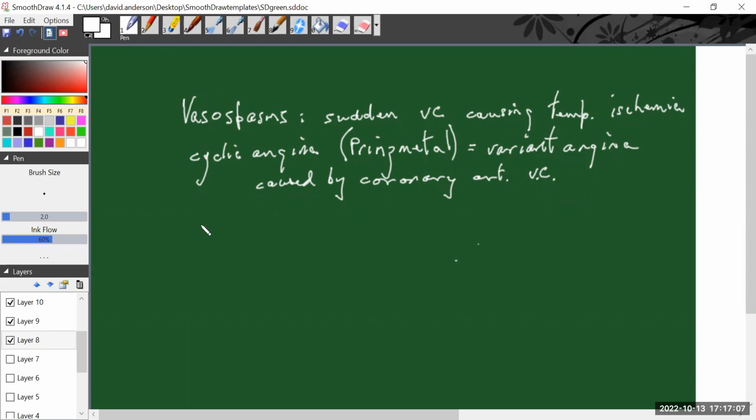Now you can have some cerebral artery vasospasm, which is secondary to hemorrhage.